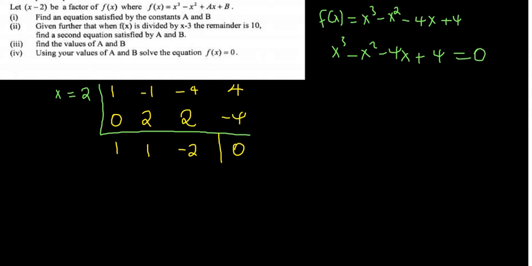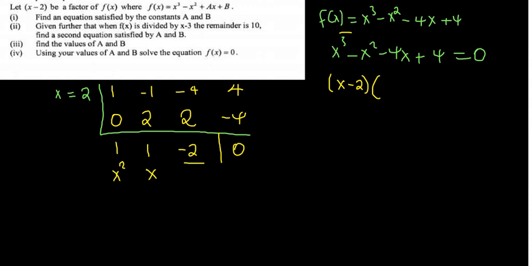Meaning if we factorize this function, the first factor we can see comes from x is equal to 2. We'll take it to the other side, that is x minus 2. The other factor is here. So this is going to be the coefficient of x power 2, this will be the coefficient of x, this will be the constant.